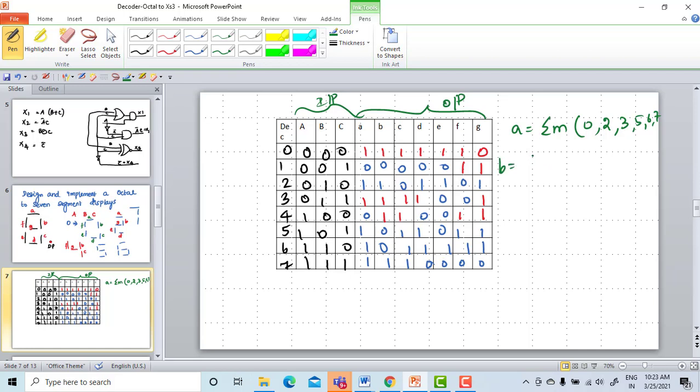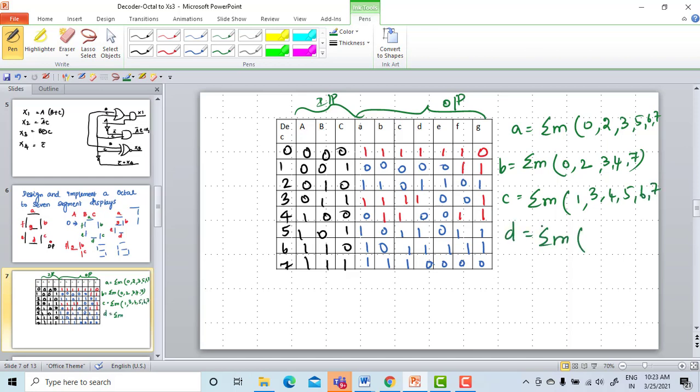Then B is nothing but the sum of min terms 0, 2, 3, 4 and 7. And C is nothing but the sum of min terms 1, 3, 4, 5, 6 and 7. D is nothing but the sum of min terms 0, 2, 3, 5 and 6.